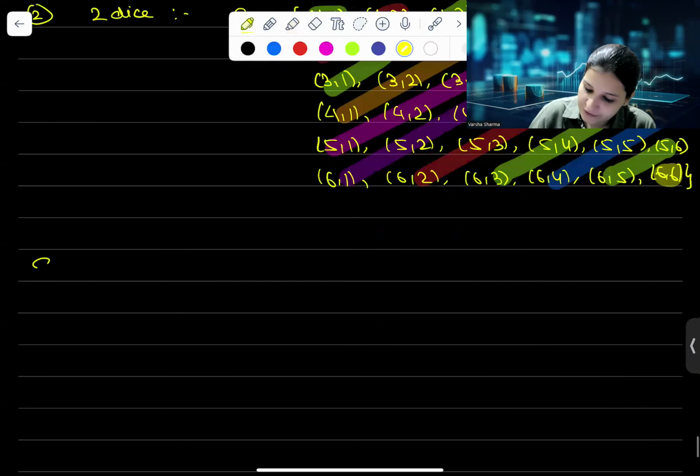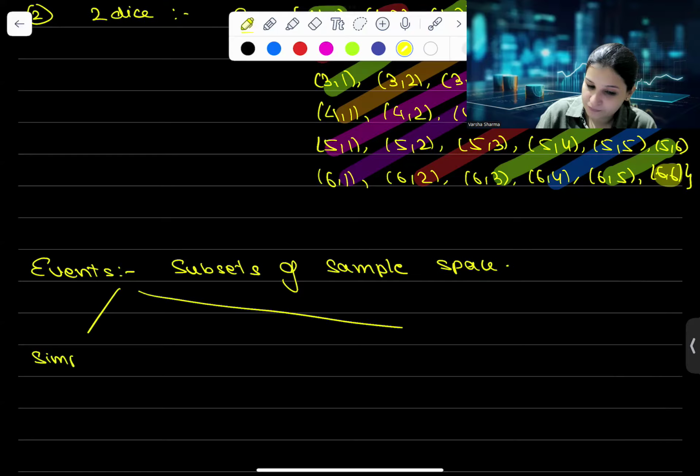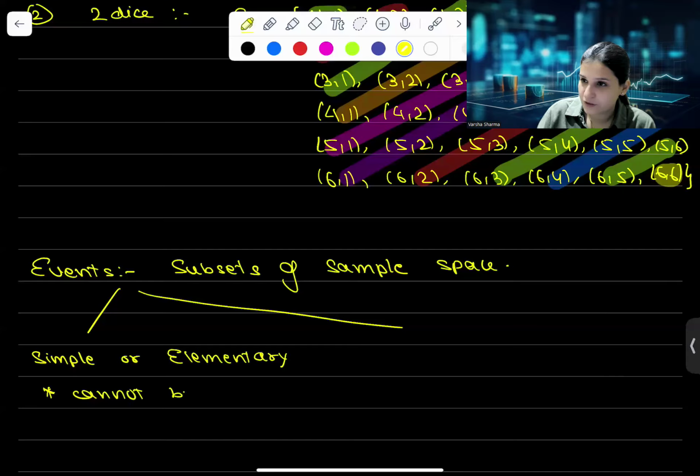Then comes event. Events are subsets of sample space. First, simple or elementary events: they cannot be broken further.